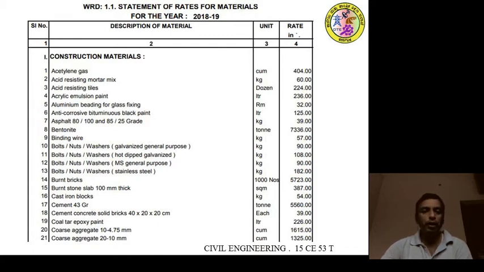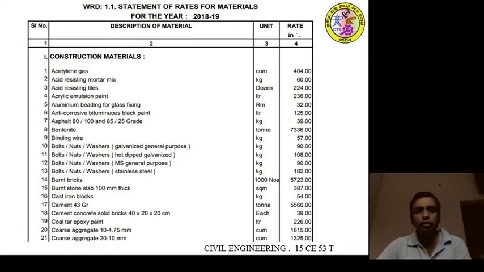Different types of material will be mentioned in the description column: painting, fixing glasses, nuts, blocks, cement 43 grade, cement concrete solid blocks, coal tar, coarse aggregate, steel reinforcement, tiles, paints. Everything should be mentioned in the description of material column.